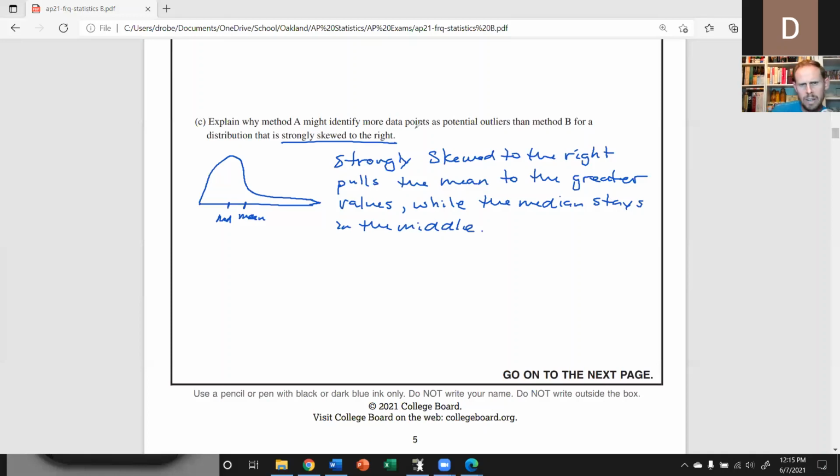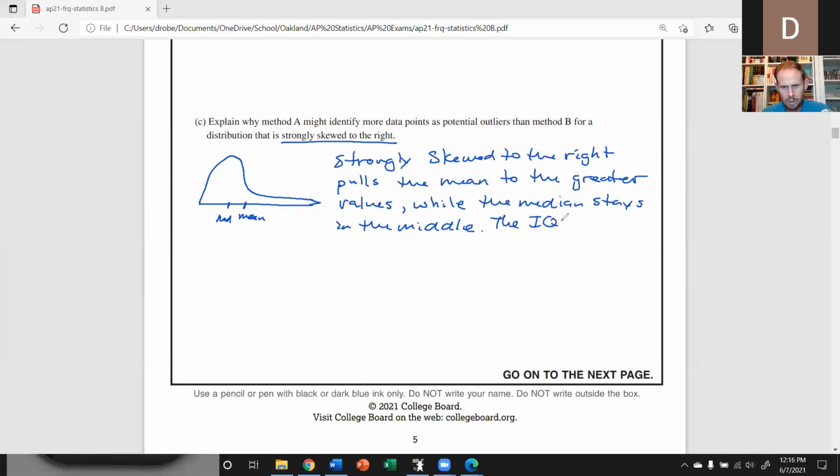All right, so now why would that lead us to getting fewer outliers with B at the high end than we might with A? Well, if the mean's higher up, then if we go 2 standard deviations from it, we're going to go farther up than if the mean was farther down. All right, so let's see.